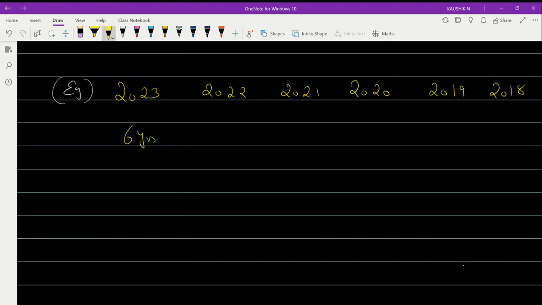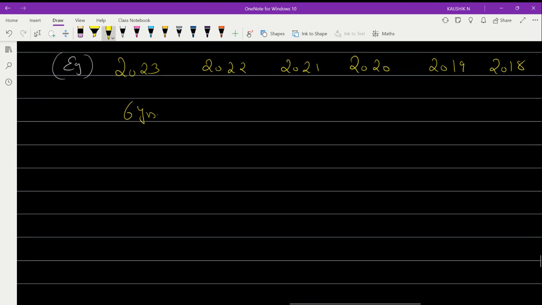Now, how is the pattern, whether it is in ascending order or descending order? Descending order. So you need to make this ascending. When you are going to prepare a solution or write the answer for this, the years must be in ascending order.